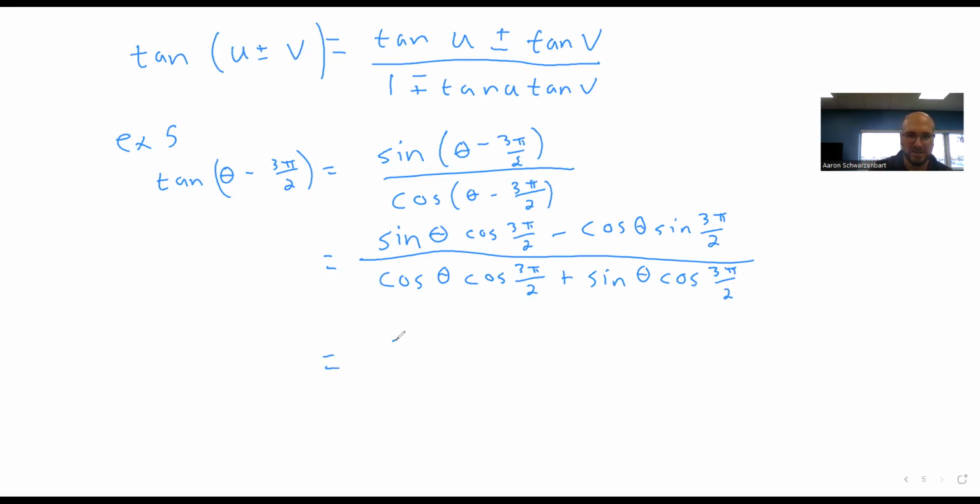Okay. So now my sines and cosines of 3 pi over 2. Cosine of 3 pi over 2, I look down at my unit circle, find 3 pi over 2, and that's 0. Sine of 3 pi over 2, I look down and I find that that's -1.